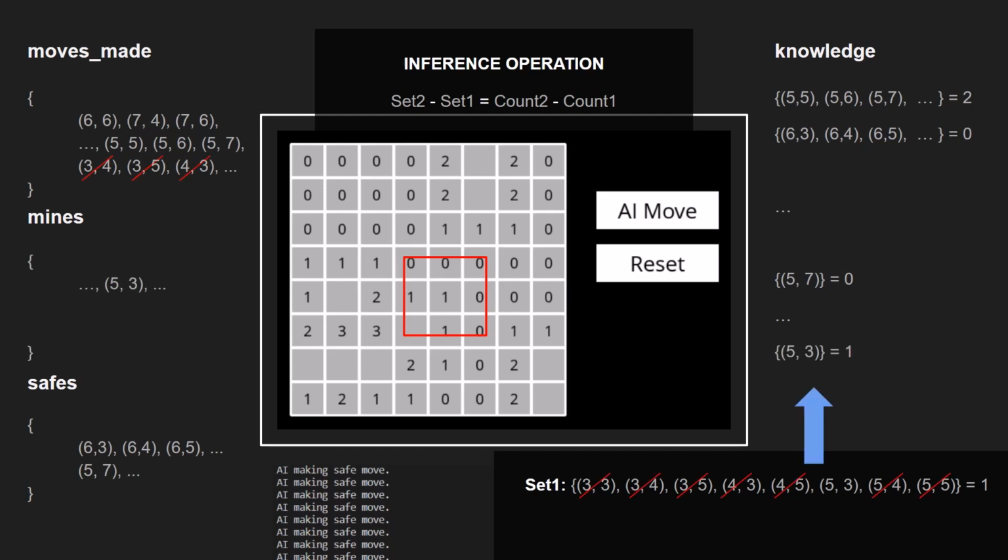In that way, we can know that that position is a mine, because the number of elements in that sentence is equal to the counter that determines the number of mines.